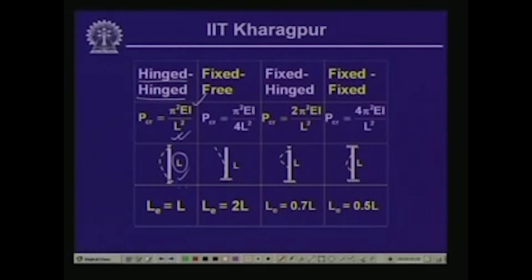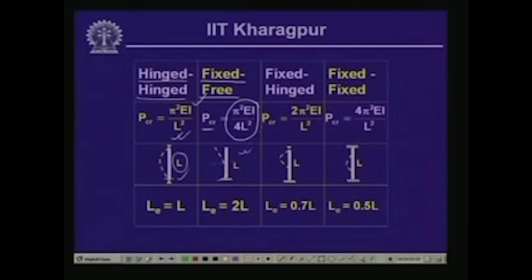Now, when the support condition changes, say the lower end becomes fixed and the top becomes free, that is a cantilever member, as we have seen in beams. Here the condition is fixed free, and the Euler's critical buckling load corresponding to this is P C R equals pi square E I over 4 L square.